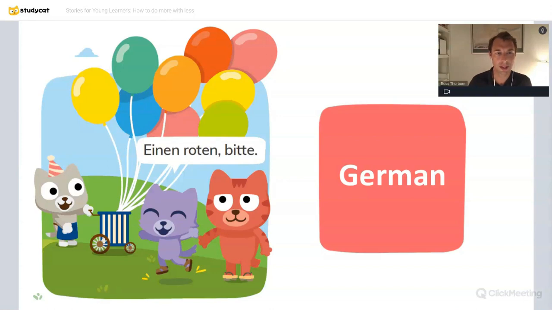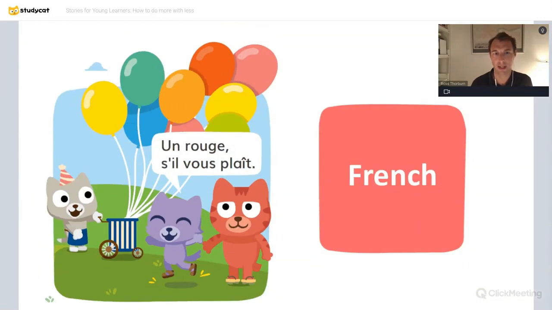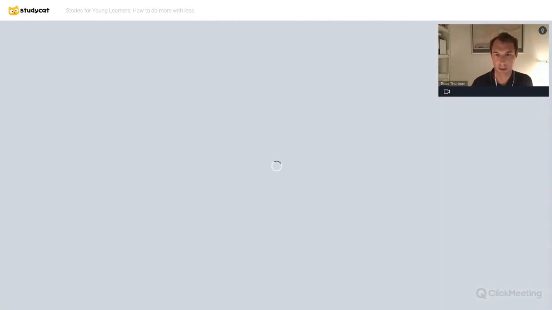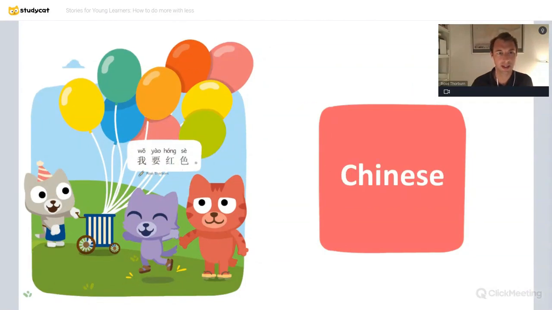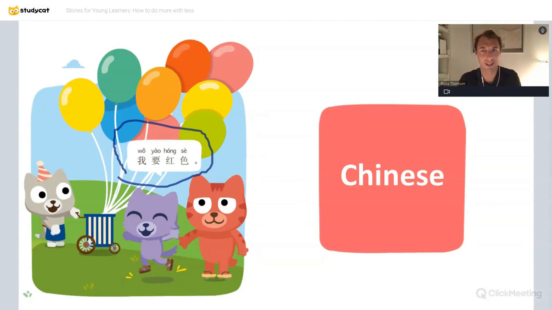Instead of Rottenbitter, this was einen Rottenbitter. Yeah, so very, very close to what you had. And une rouge, s'il vous plaît, for French. So I guess that's like a red one, please, I suppose. And in Chinese, this went all the way up to someone who's got a PhD in translating English language course books.